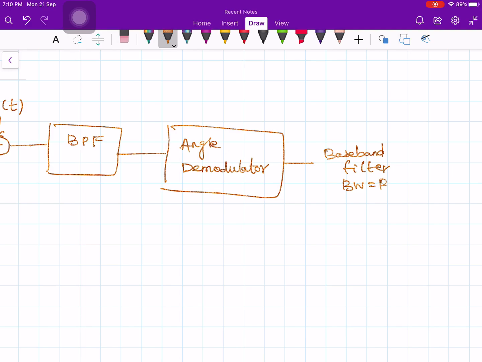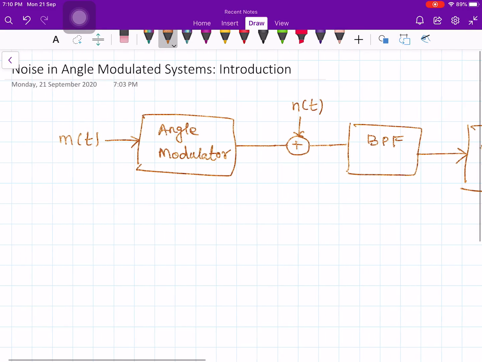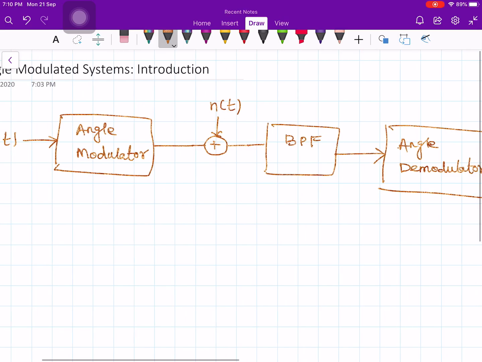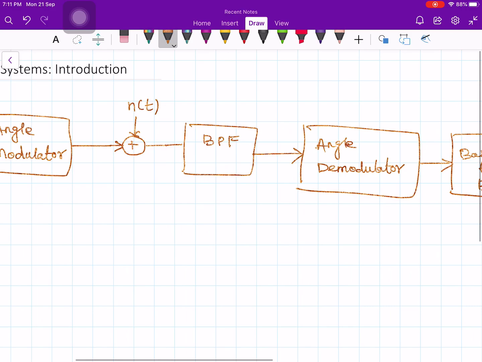So this is the typical block diagram of an angle modulated system. Input message signal m of t is given to the angle modulator, and then the output of the angle modulator is given to the channel. In the channel, the noise is getting added. Now we are interested in calculating the output SNR by calculating the output signal power and output noise power.